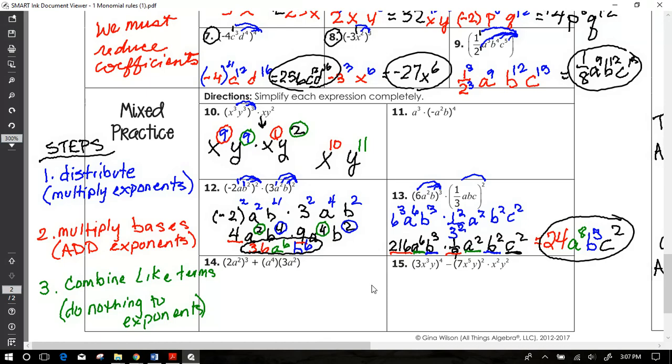So I want you to work with a partner. I know that I left you number 11 because it's a little simpler. 14 and 15 are a little bit more complex. 15 is even bigger than what you'll normally see on a homework assignment or a quiz.